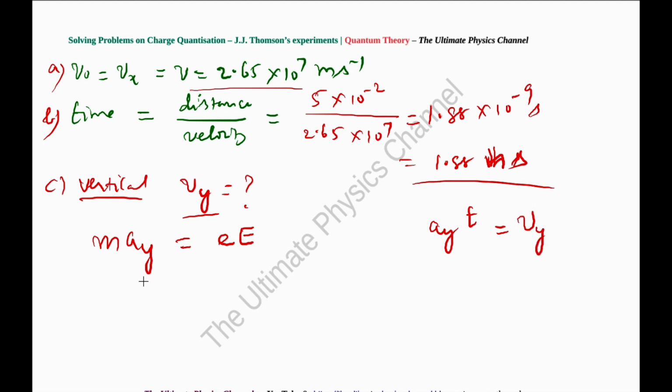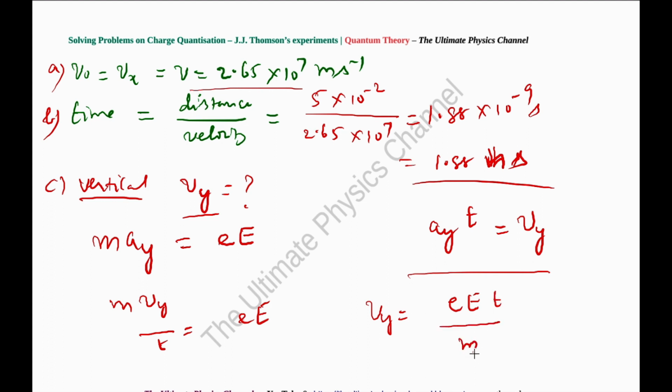So we can substitute here: m Vy over t is equal to E. Therefore Vy will be equal to E, capital E, times t over m.